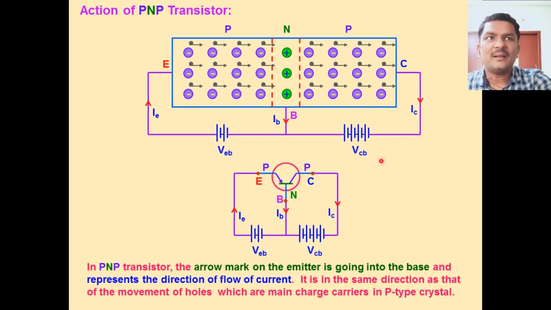The emitter junction is forward biased with the emitter base battery VEB. The collector junction is reverse biased with the collector base battery VCB.